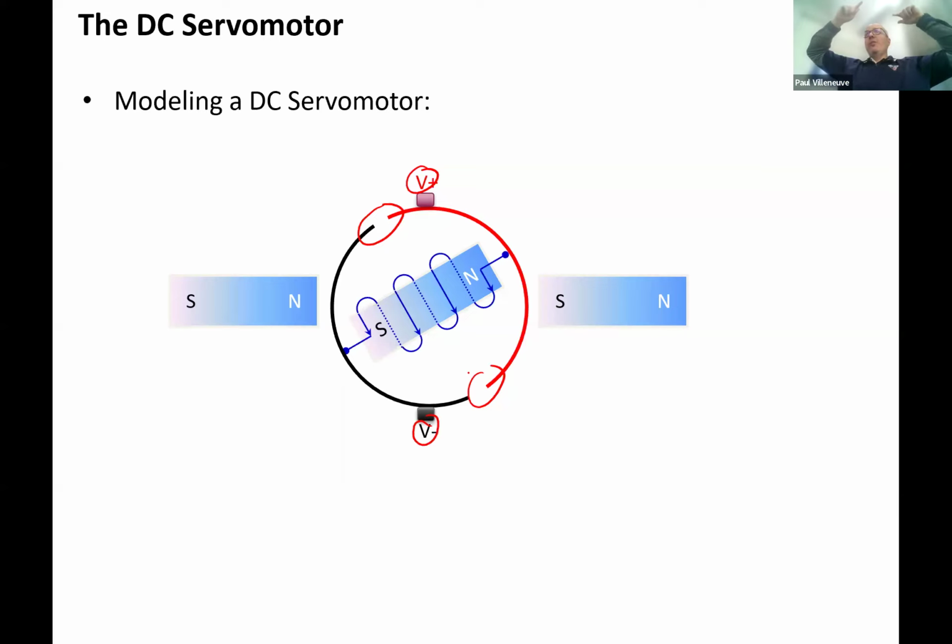But the other reason why you want to do that is because this winding over here, now you'll notice it's connected to the negative terminal. But if it's rotating, and let's just assume it's rotating in a counterclockwise direction, eventually this is going to be connected to V plus, and now the current is going to go in the opposite direction.